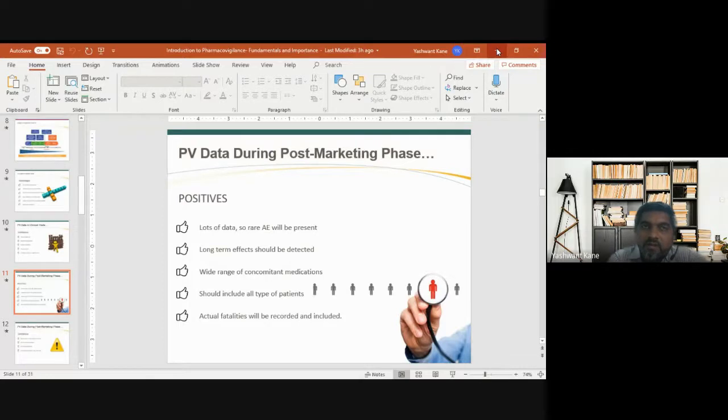So drug interaction, the drug interacting with another drug, can also be detected in post-marketing pharmacovigilance. It should include all types of patients, because the patient population itself is very wide. Actual fatalities will be recorded and included. As it is subjected to a very large number of conditions, not indications, my mistake, the actual fatalities due to the drug can be detected and recorded by doing post-marketing pharmacovigilance.